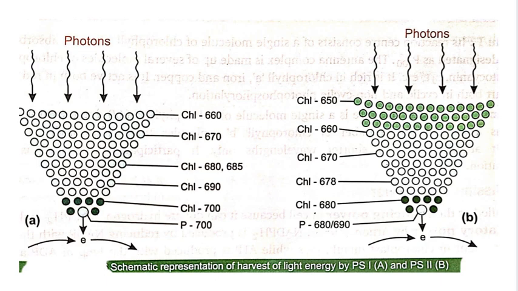The photosystems or pigment systems are concerned with harvesting the energy of sunlight. Here you can see a schematic representation of harvest of light energy by photosystem 1 in A, and photosystem 2 in B.